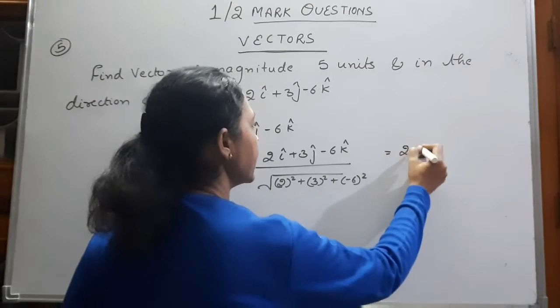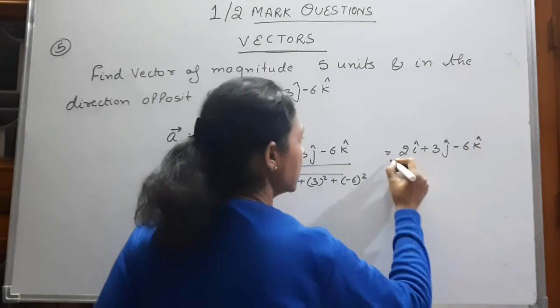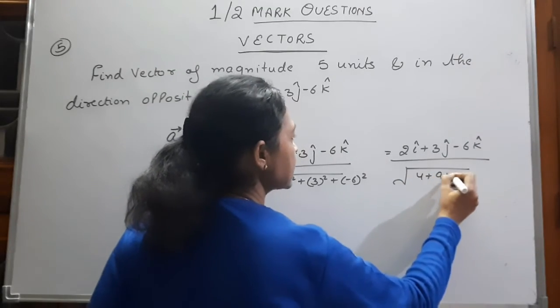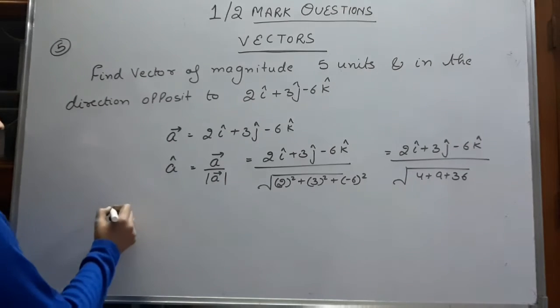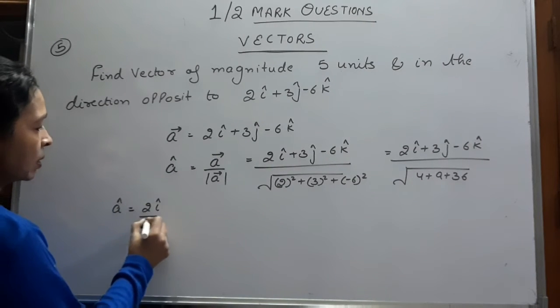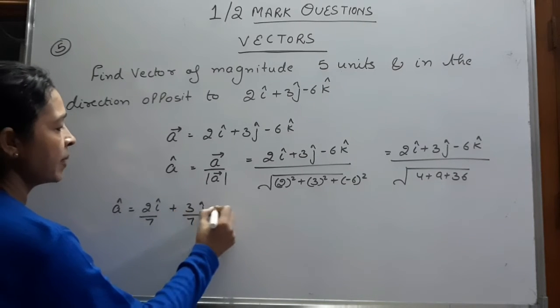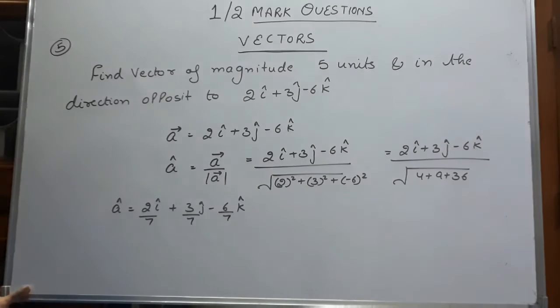We get 2i cap plus 3j cap minus 6k cap upon under root 4 plus 9 plus 36, which equals 49, and root 49 is 7. Now a cap is 2 upon 7 i cap plus 3 upon 7 j cap minus 6 upon 7 k cap. This is a vector with magnitude 1 but we need a vector with magnitude 5.